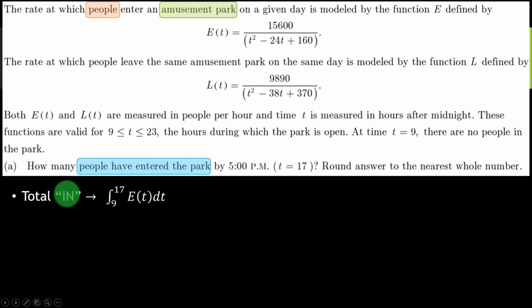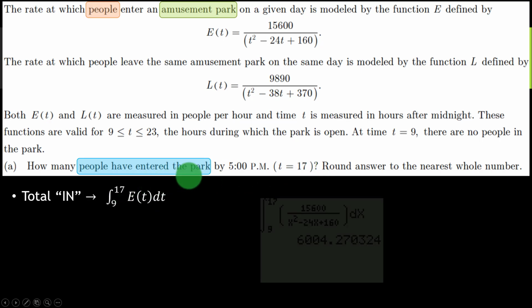Okay, for total in, we're just going to integrate the rate that they give us for entering. And they say it begins at 9, so our bottom bound is 9. And they tell us at 5 o'clock, which means T is 17.